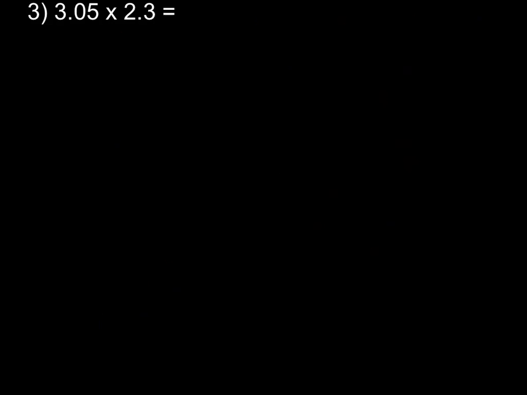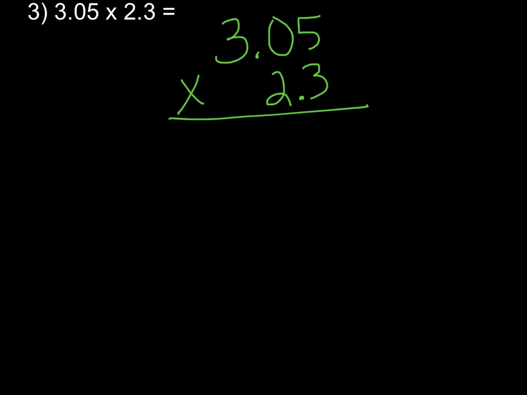Alright, we have 3 and 5 hundredths times 2 and 3/10. So I'm going to write this out, 3 and 5 hundredths times 2 and 3/10. Notice again, my decimals are not lined up, and that is okay. We're going to multiply this as if it's 305 times 23. So go ahead and multiply.